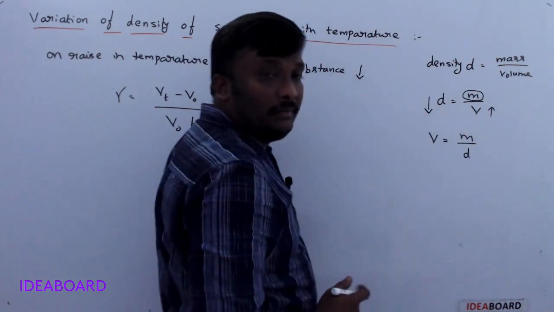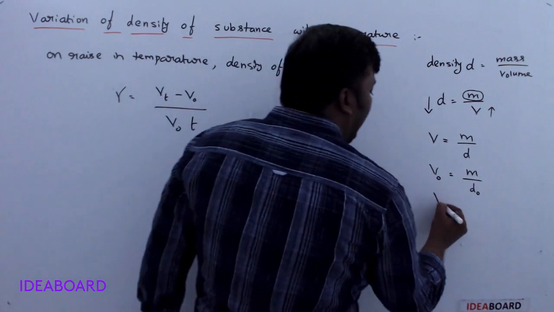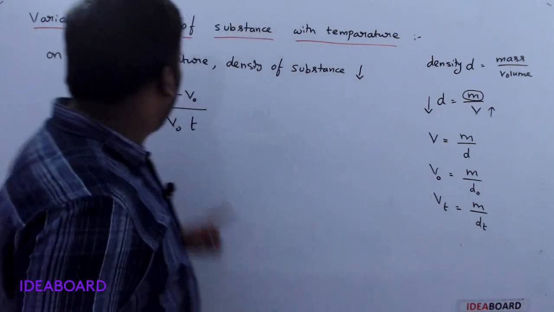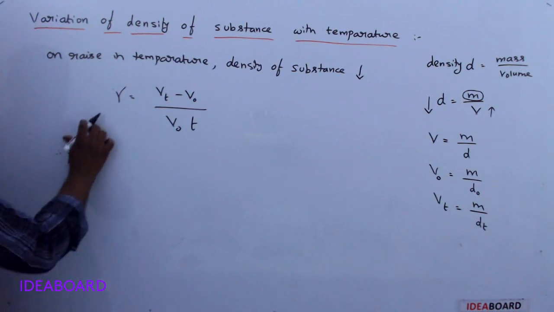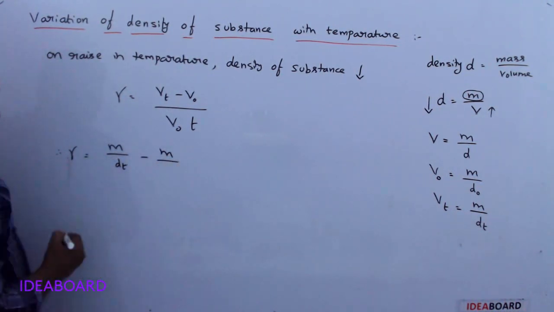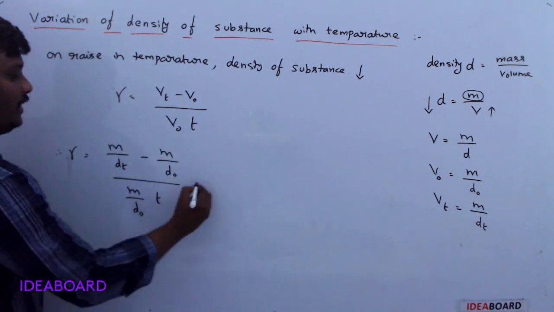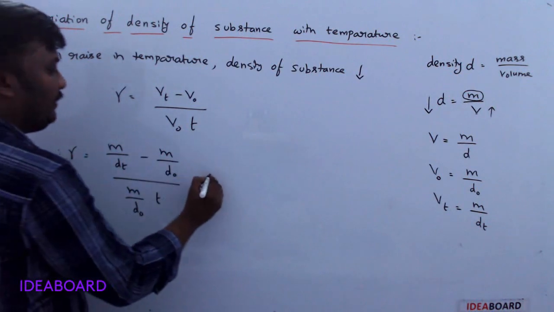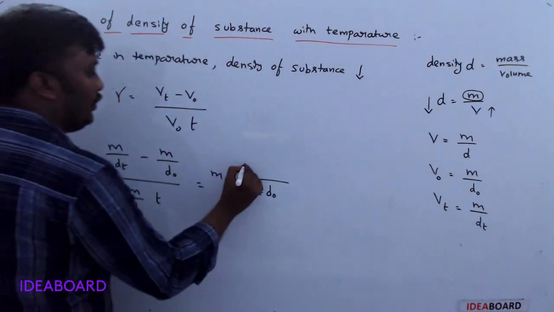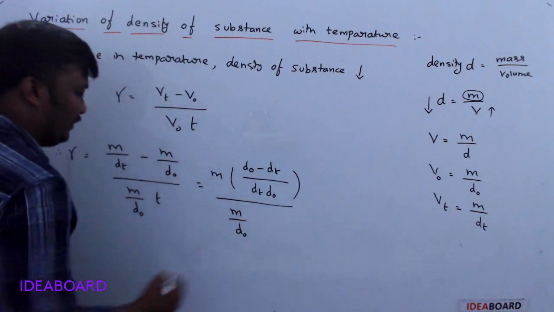V naught is m by d naught, since mass always remains constant, and Vt is m by dt. Substituting in this formula, gamma becomes m by dt minus m by d naught, divided by m by d naught into T. In the numerator, m is common, and taking the LCM dt d naught, we get d naught minus dt by m by d naught into T.